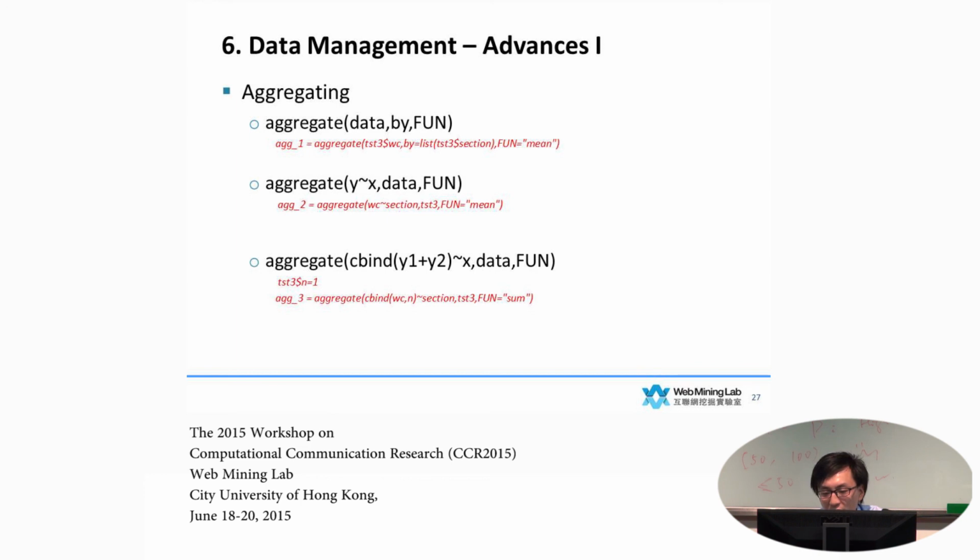Then we can sum these numbers by section, and the sum is actually the total number of articles in this section, right? So aggregate n by section, on tst3, and here the function is not mean, but sum.